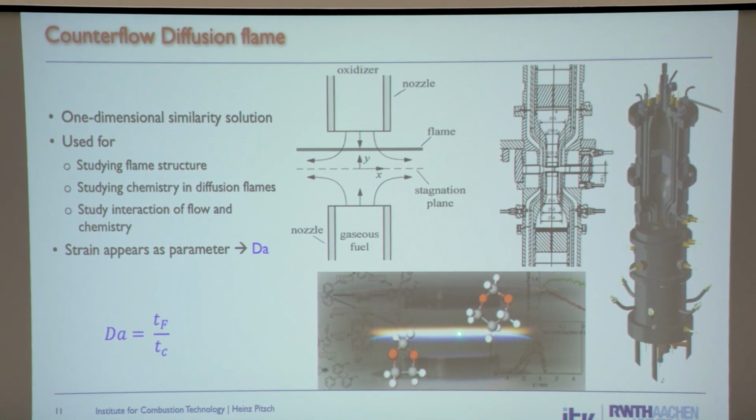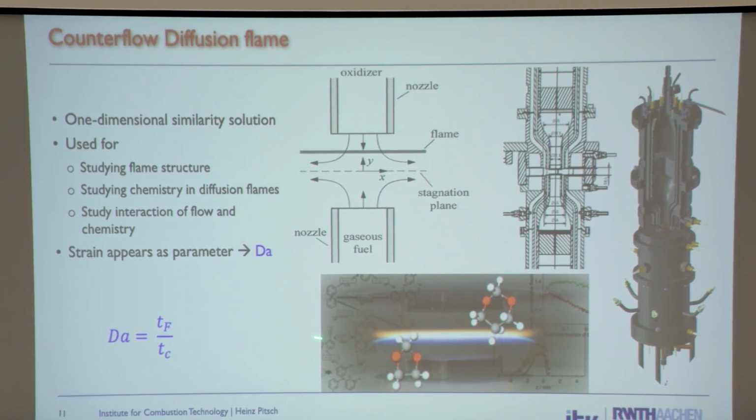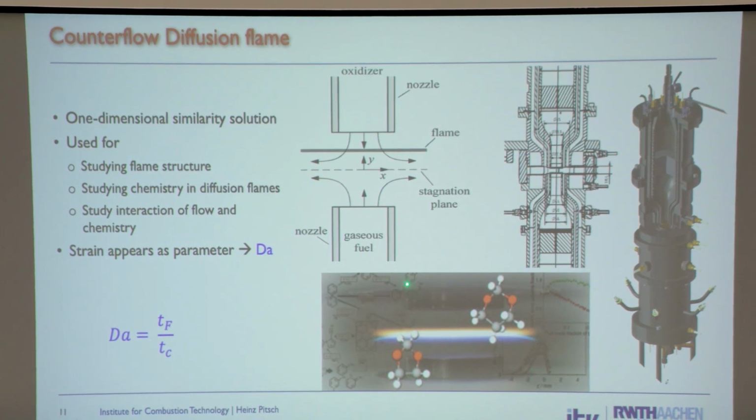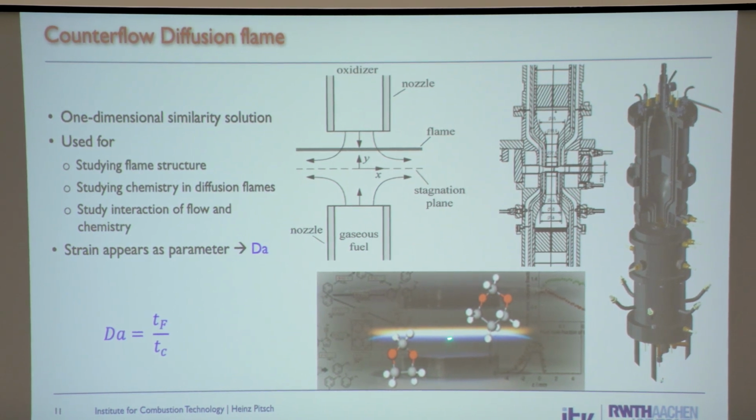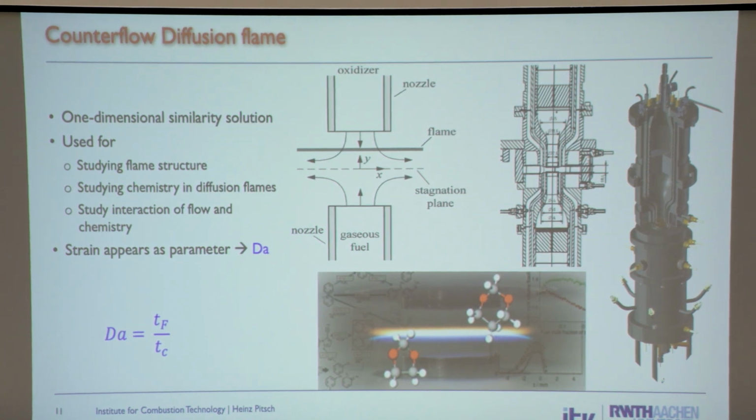This is a photograph, a little bit artistically illustrated, but you see the upper nozzle, a little bit dark, and the lower nozzle. Then you see two regions: the reaction zone in blue, and a soot layer in orange, and the stagnation plane is where the soot layer ends.